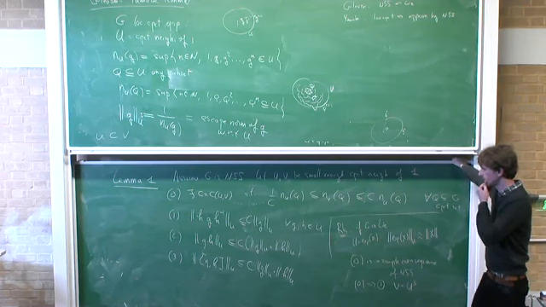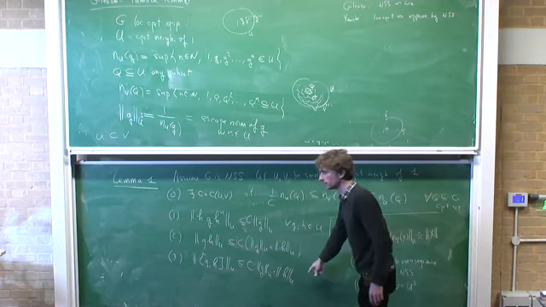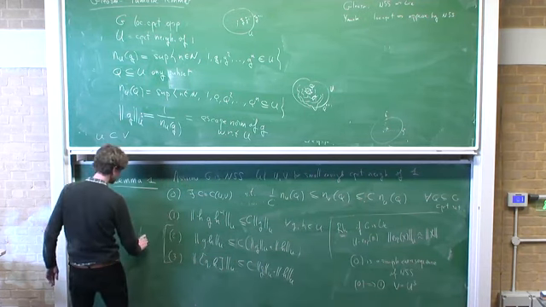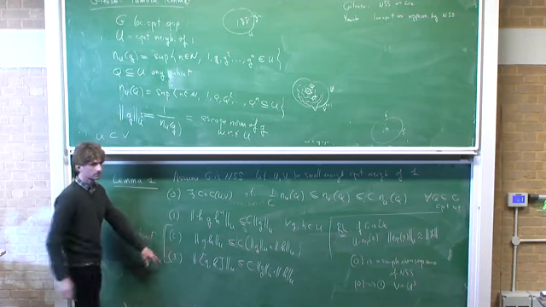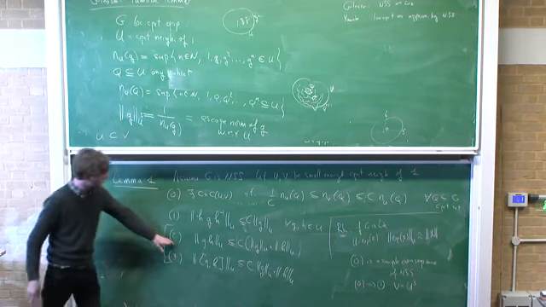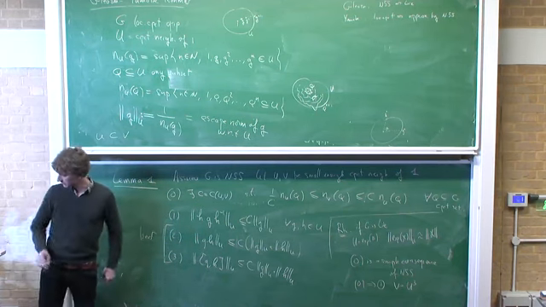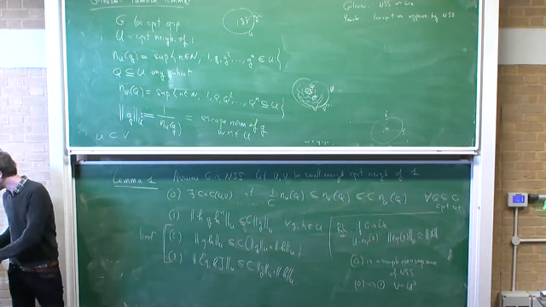2 and 3 are the really difficult parts. This is the main point. In particular 2 and 3 will be proven similarly. 2 is the difficult part.